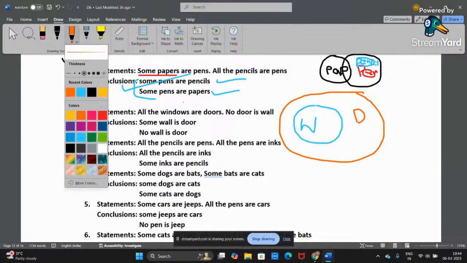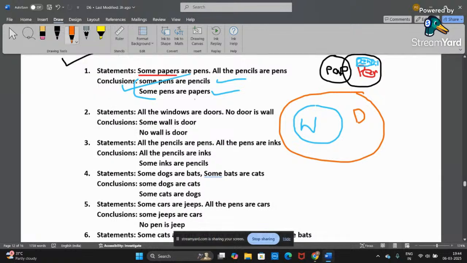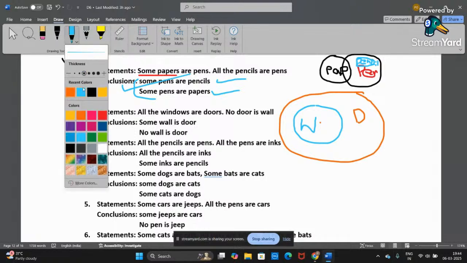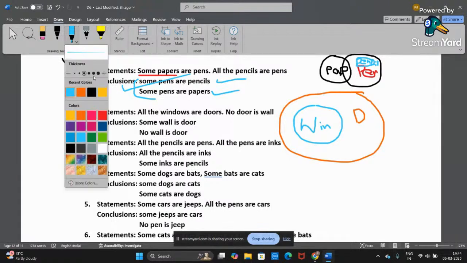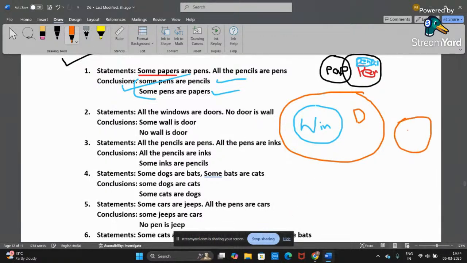Then the next statement is no door is wall. This is window. Let's write in the same color so it will be easy to understand. No door is wall, that means the wall is separate.